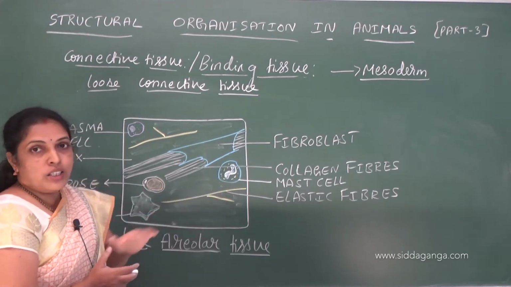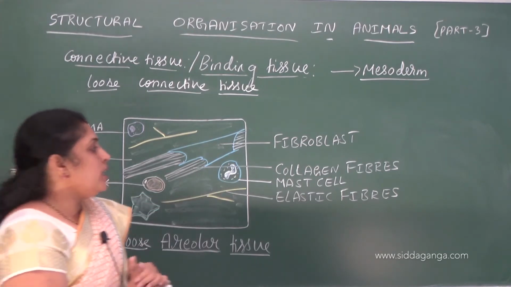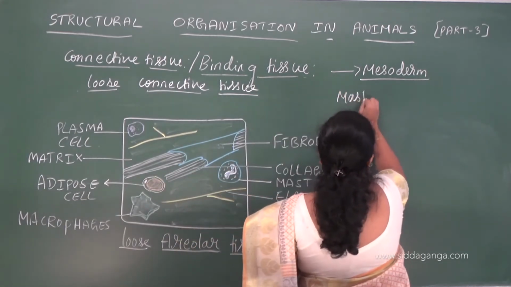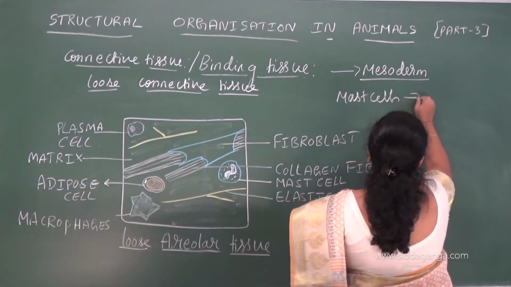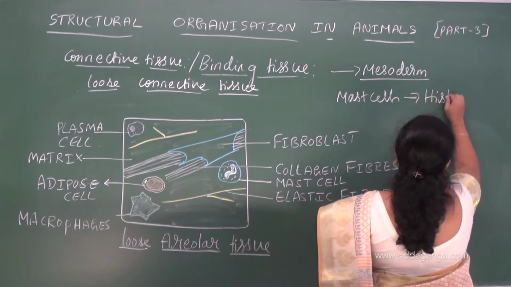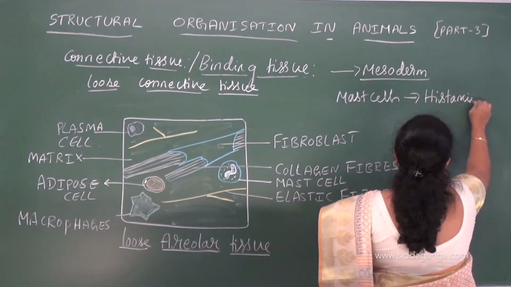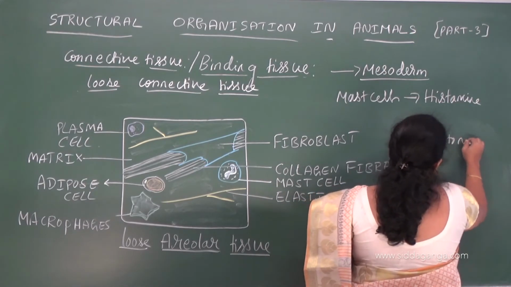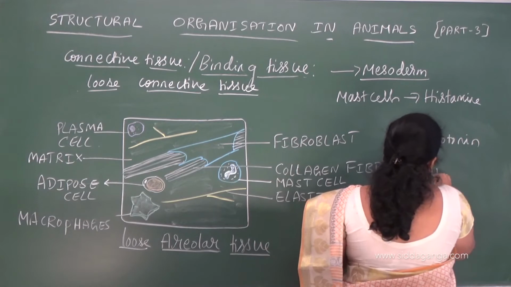Mast cells secrete three types of chemicals: histamine, serotonin and heparin.